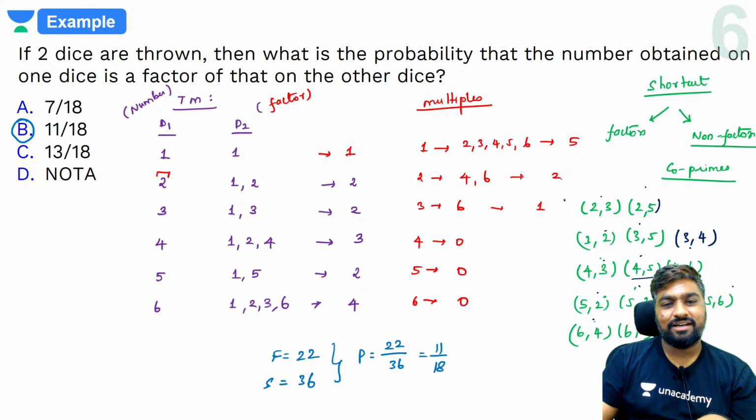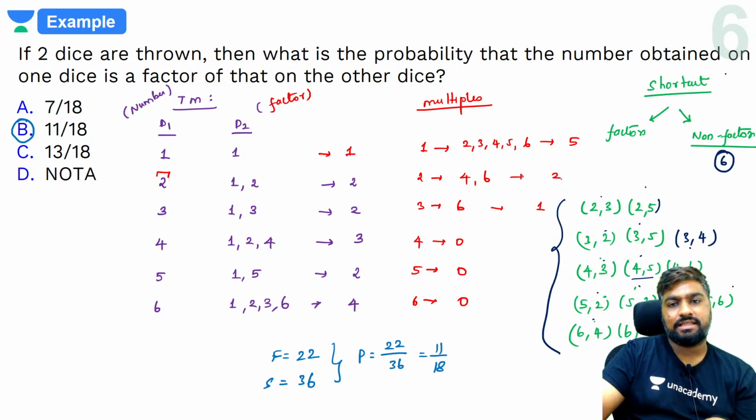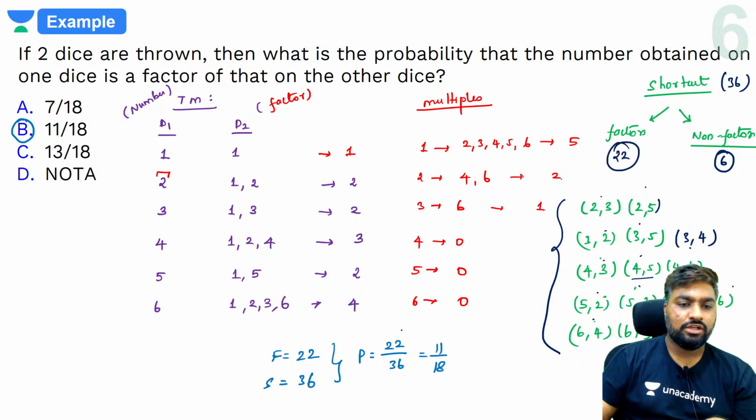So there are 6 terms which are non-factors. If 6 terms are non-factors, that means out of 36, 6 terms are non-factors, so how many are factors? 22. 22/36 is your probability. Okay.